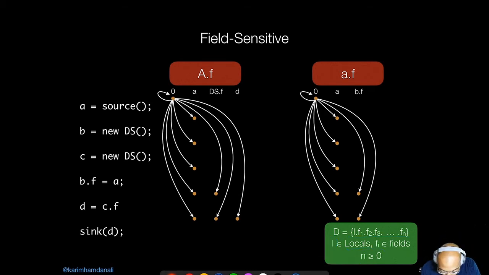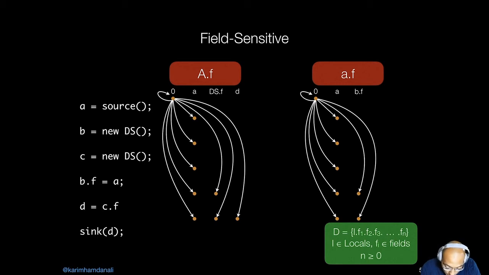So in this case here, B.F is going to be modeled in this abstraction, in this domain, is going to have its own node in the exploded supergraph. C.F will have its own node, but I don't need to represent it here because, remember, from the on-the-fly ESG construction, we only create nodes and edges for those facts that are actually propagated. We don't create all the nodes and the edges from the beginning, but only for those as we propagate them.